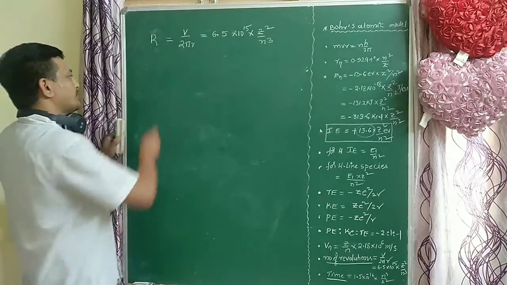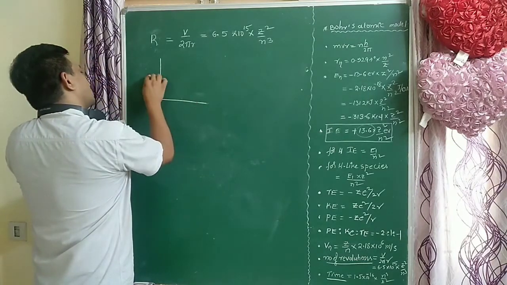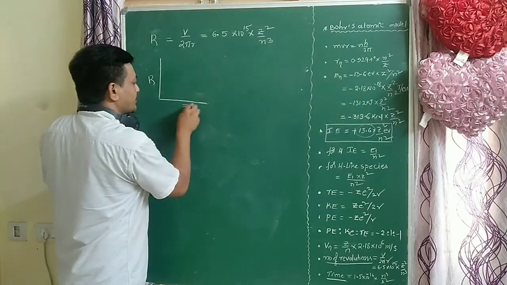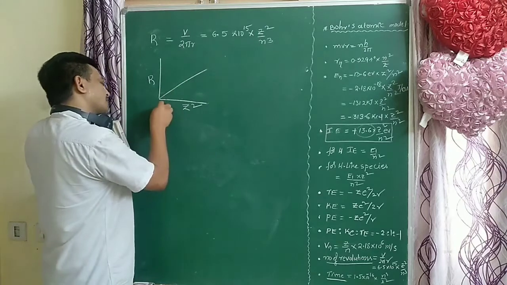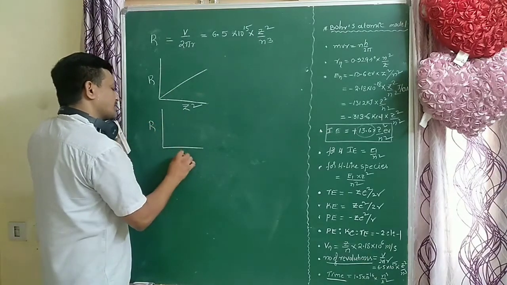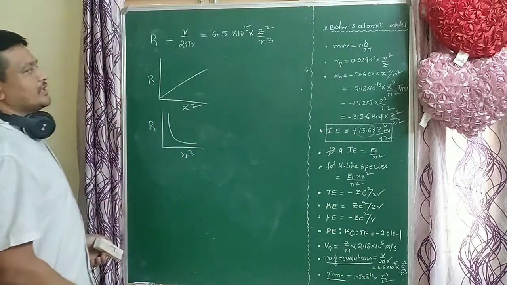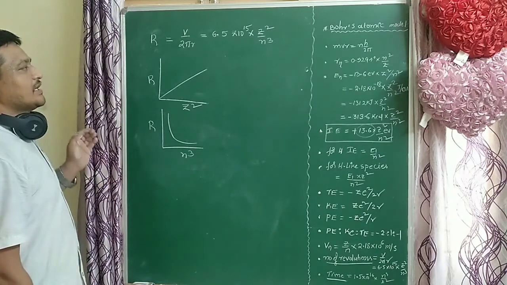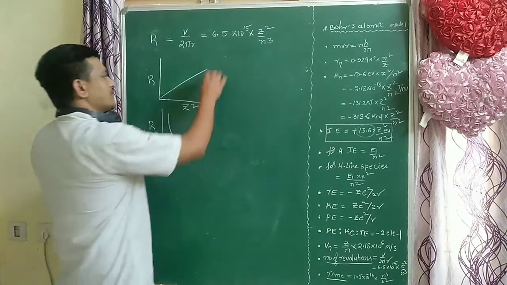So number of revolutions is directly proportional to z square and inversely proportional to n cube. By using this formula, easily calculate the n values and z values.